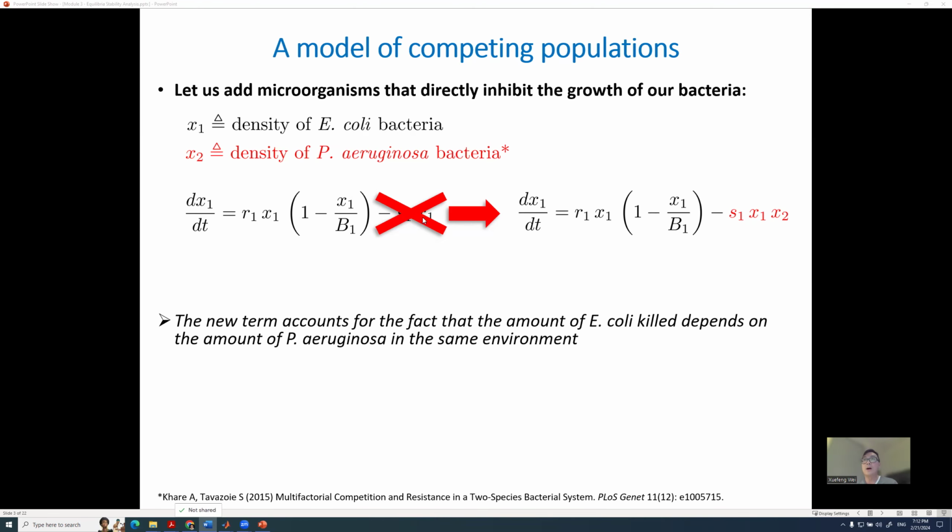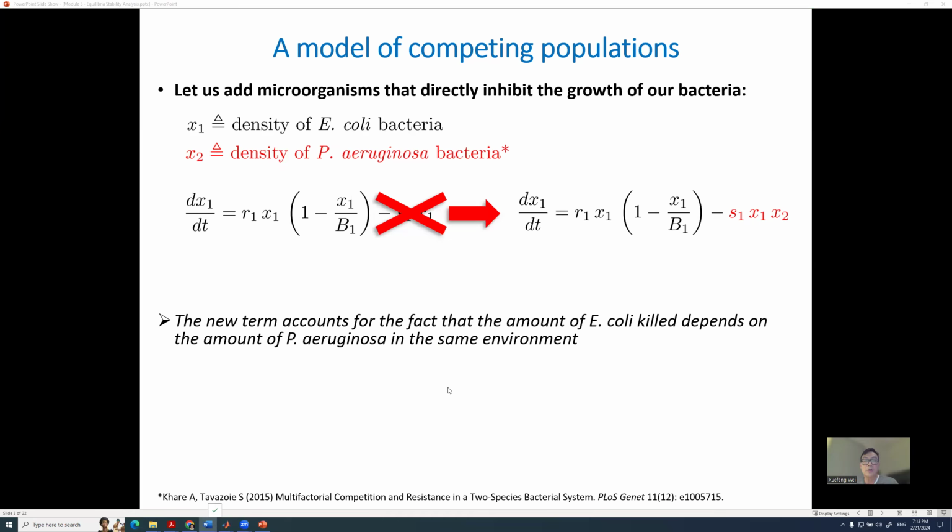Instead of S1 times X1, we change it to S1 times the product of X1 and X2. This indicates that the loss will increase if there's a surplus of E. coli, or you can interpret it like when there's more E. coli, the dying rate of them will be higher.